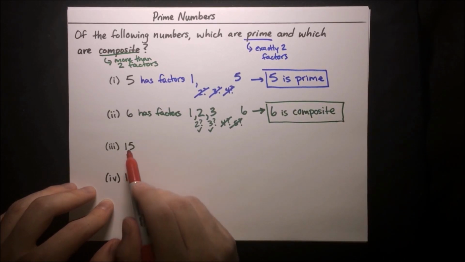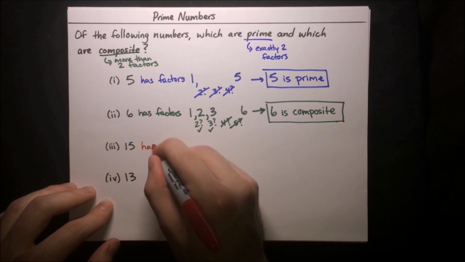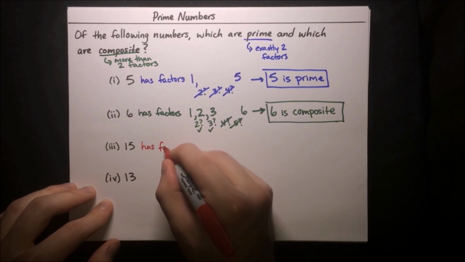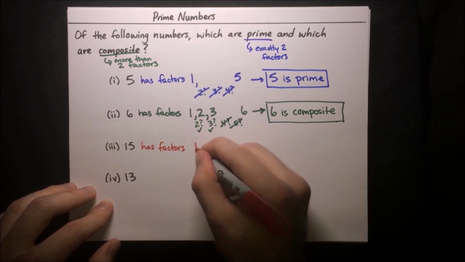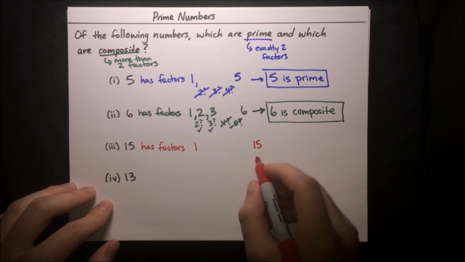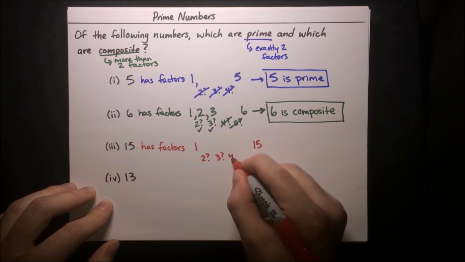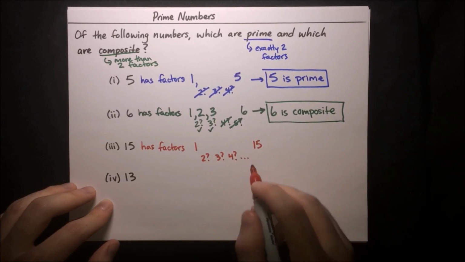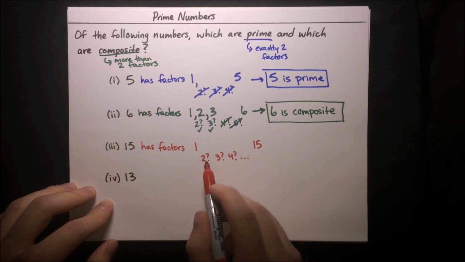Okay, so how about 15? Now we're getting into some bigger double-digit numbers, but it's still the same idea. We want to see what are the factors of 15. We know there's definitely 1 and 15, but what about all the numbers in between? Like what about 2 or 3 or 4 or so on? So why don't we check through these numbers to start with. Is 2 a factor of 15?